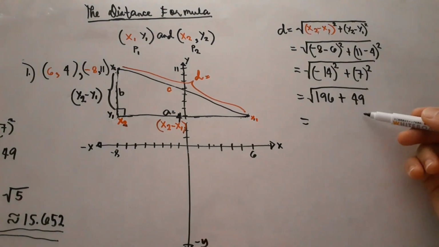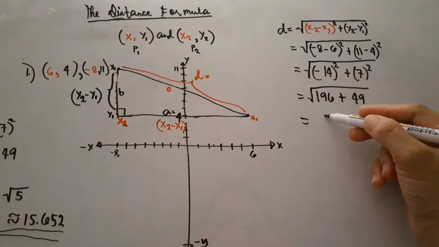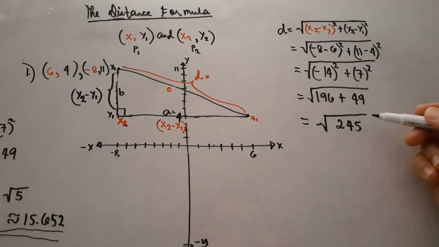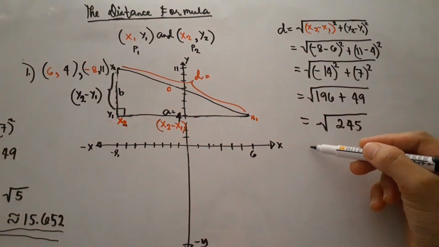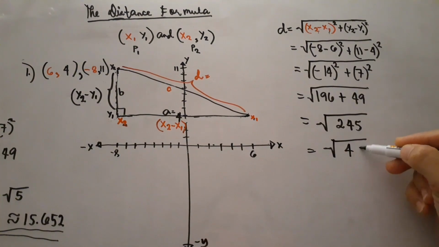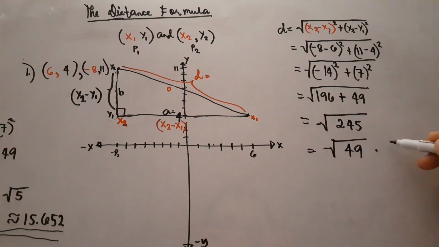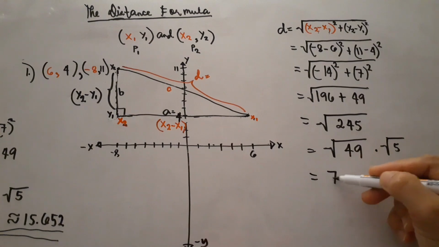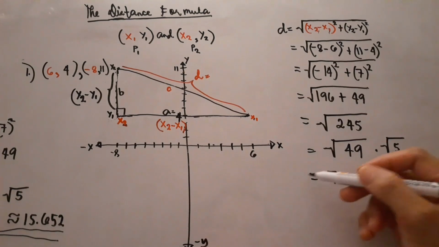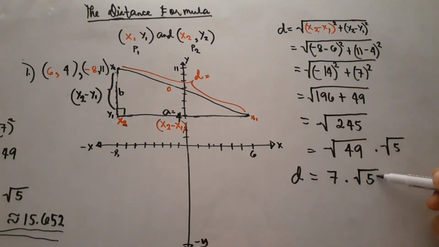Then 196 plus 49 is the square root of 245, which is not a perfect square. So we divide it: the square root of 49 times the square root of 5. The square root of 49 is 7, and you copy the square root of 5. So it is 7 square root of 5.